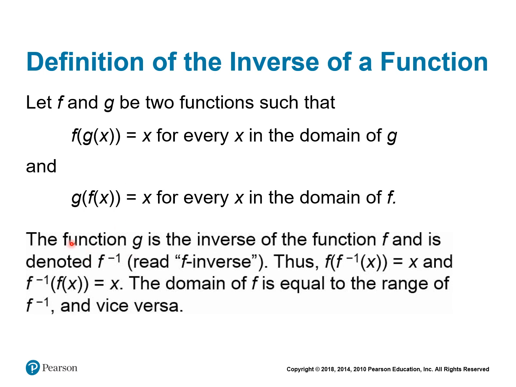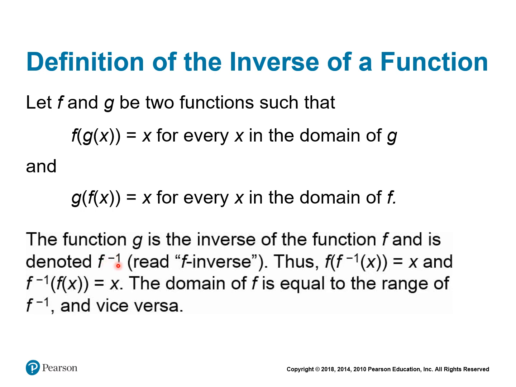All right. It says here the function g is the inverse of the function f and is denoted f to the power minus 1. It reads like f to the power minus 1, but it's actually f inverse. This is not really an exponent, so to speak.